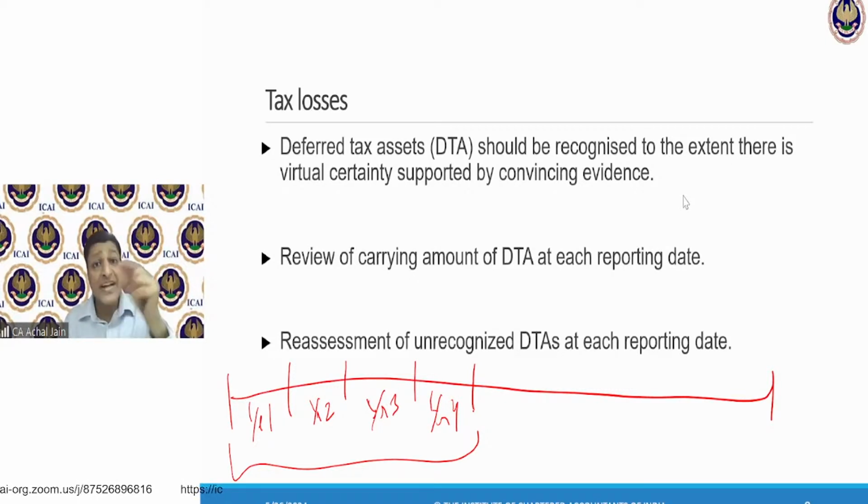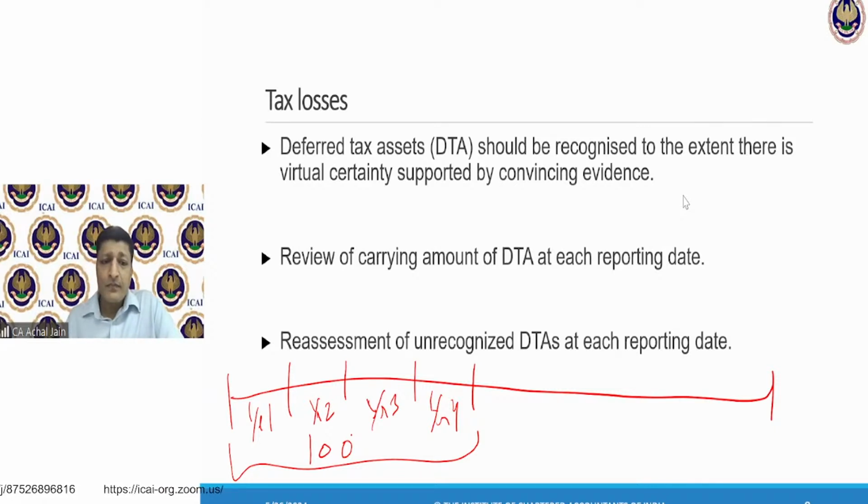Now, in respect of those losses, if you analyze it from the perspective of timing difference, it will be considered a timing difference. Let's think about why. Say there is a tax loss of rupees 100 accumulated over the 4 years.